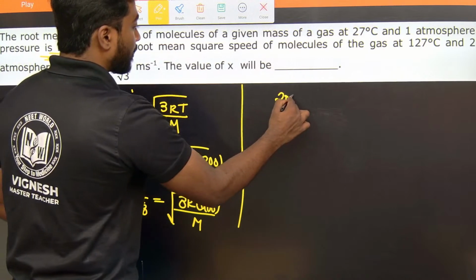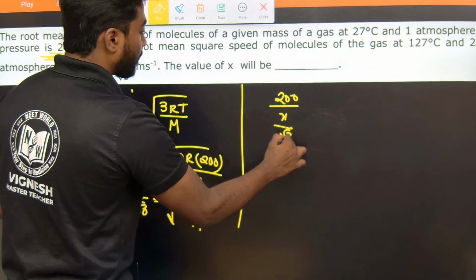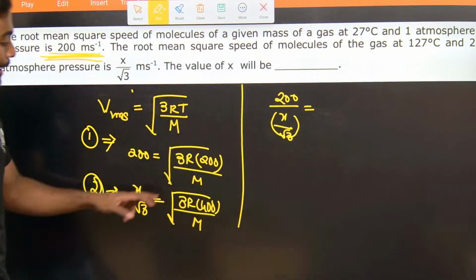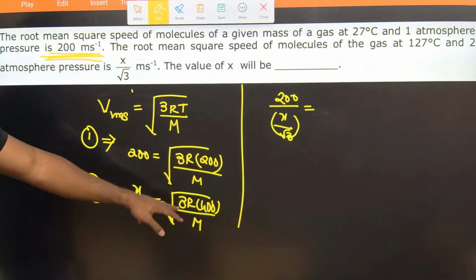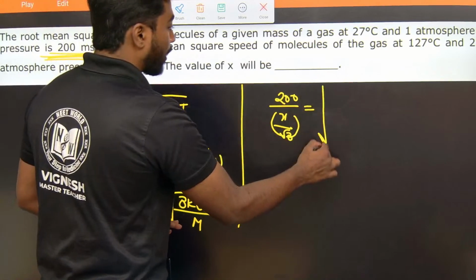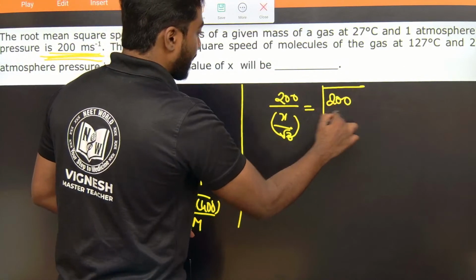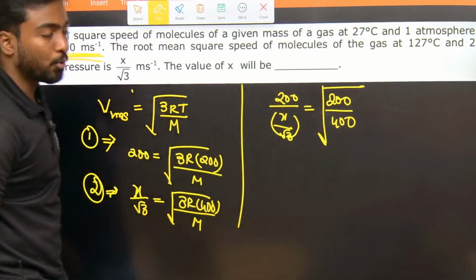So 200 by x by root 3 is equal to, if I take the ratios, m will get cancelled and 3R will get cancelled. So under root of 300 by 400.